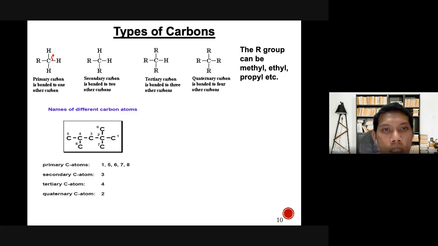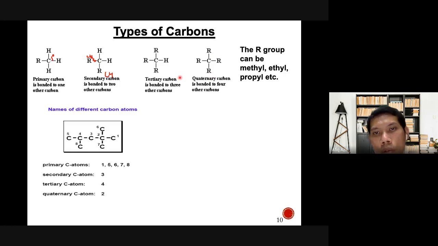Let's say you can have CH3 on this carbon, and you can have another CH3 for this R. So two other carbons, so that carbon in the middle will be considered as secondary. Whereas for tertiary, this carbon is bonded to three other carbons, 1, 2, 3. And quaternary, this carbon is bonded to 4 other carbons.